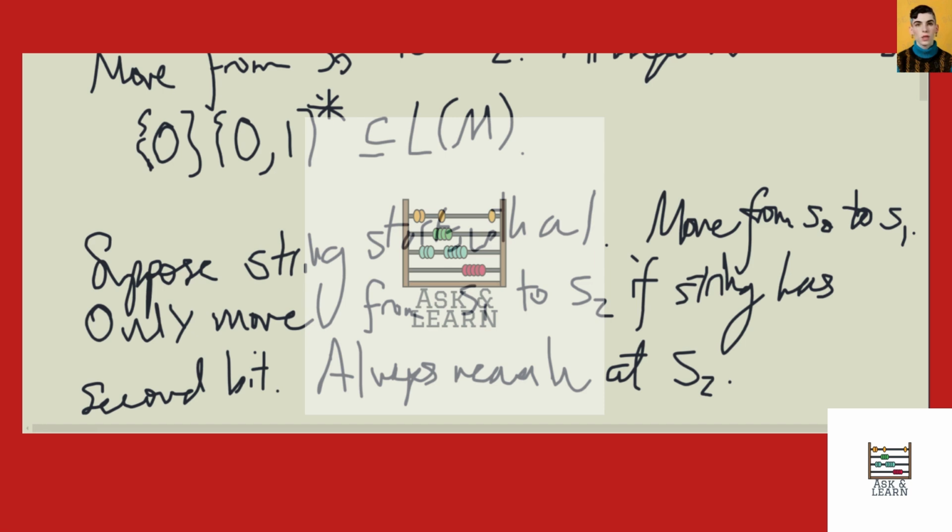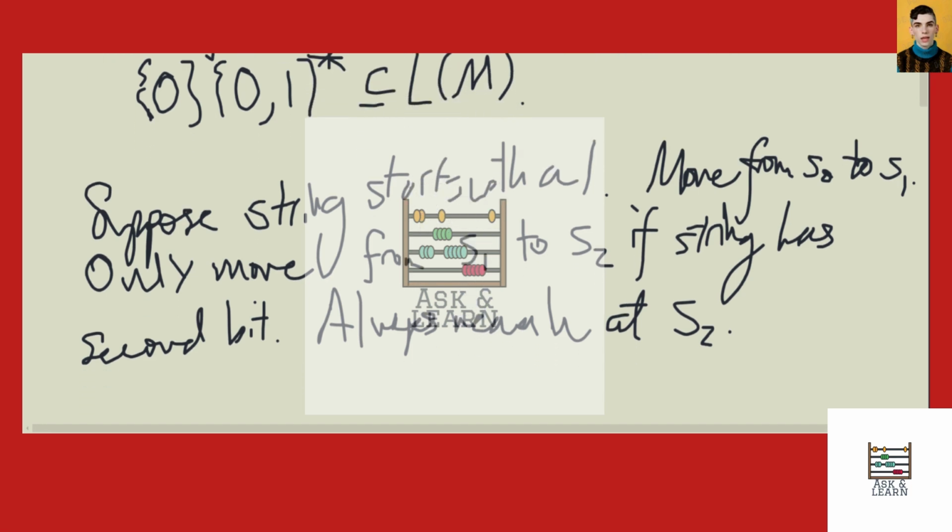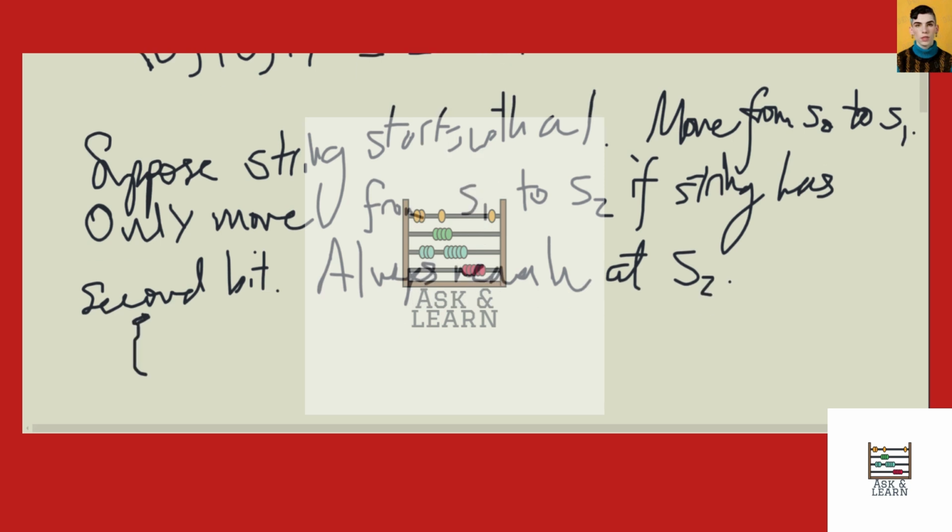So to write this in set notation, we have that the concatenation of the set containing 1 and the set containing, in this case, 0 or 1, and the Kleene closure of the set containing 0 and 1, will be a subset of the recognized language.